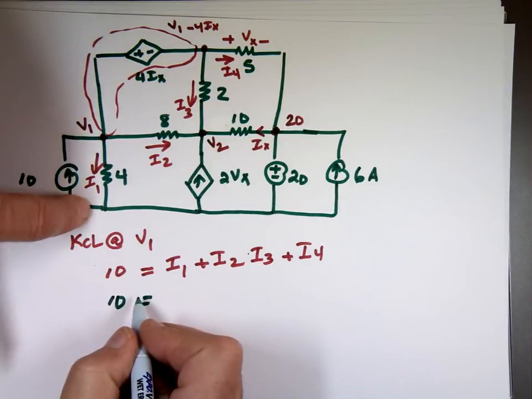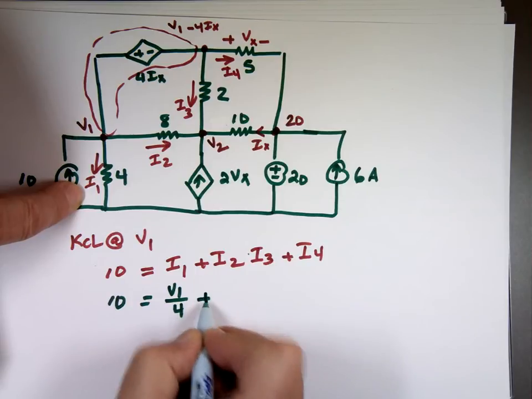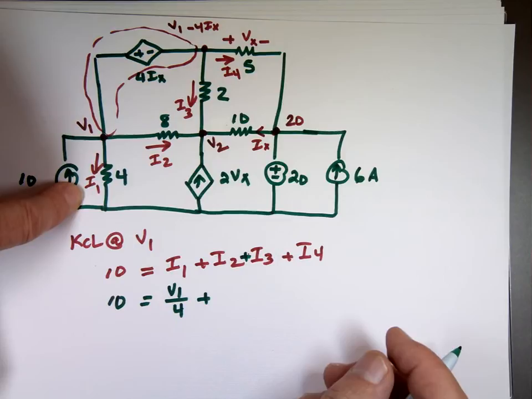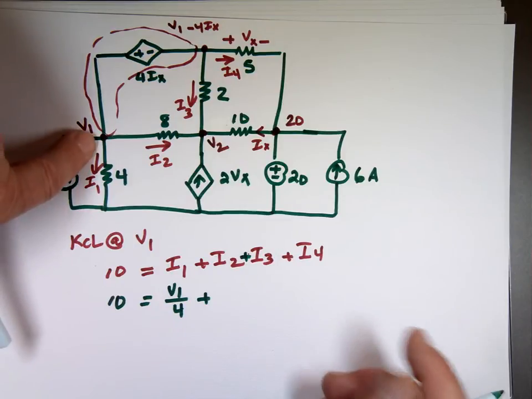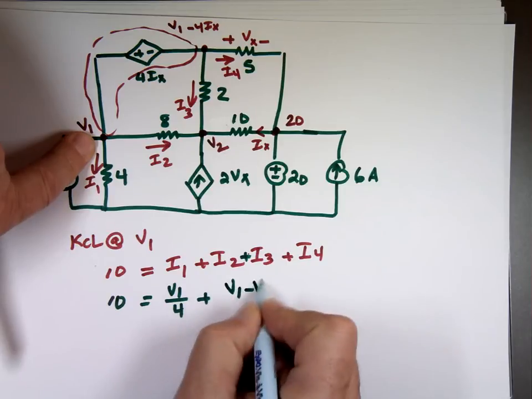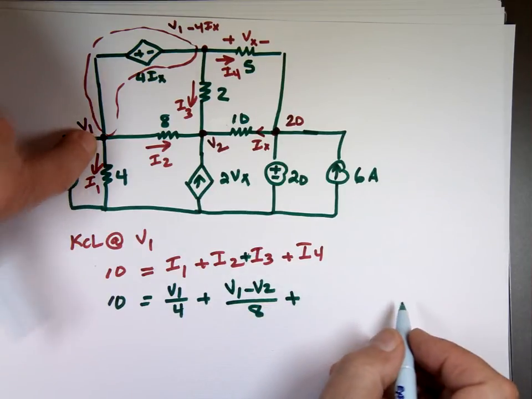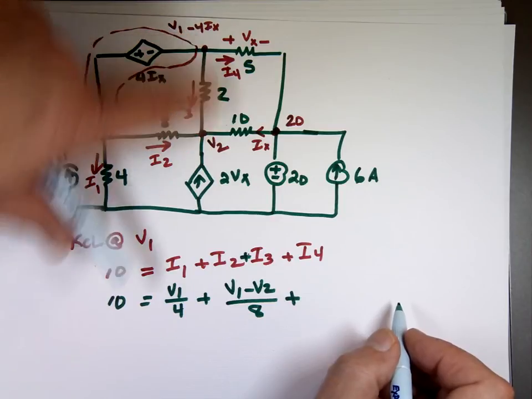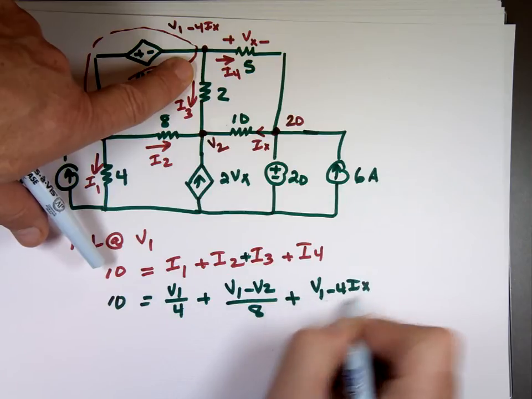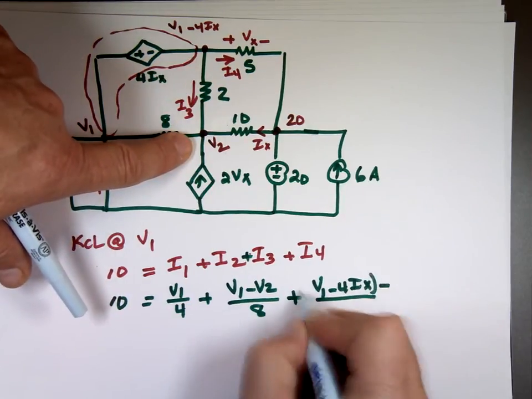V1 over 4. Plus I sub 2, everything's plus. What's I sub 2? It's V1 minus V2 over 8. Plus I sub 3, that's this minus that, so V1 minus 4 I sub x minus V2 over 2.